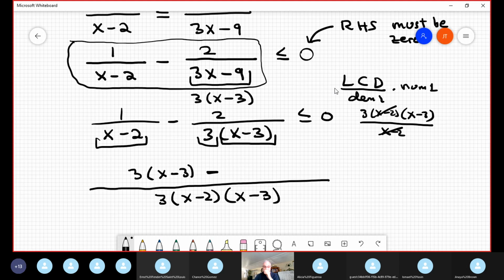Minus, this minus is this minus. When you divide the LCD, 3 times x minus 2 times x minus 3, by denominator 2, which is 3 times x minus 3, it's obvious that this is cancelled, and I stay only with x minus 2, times 2, so 2 times x minus 2.